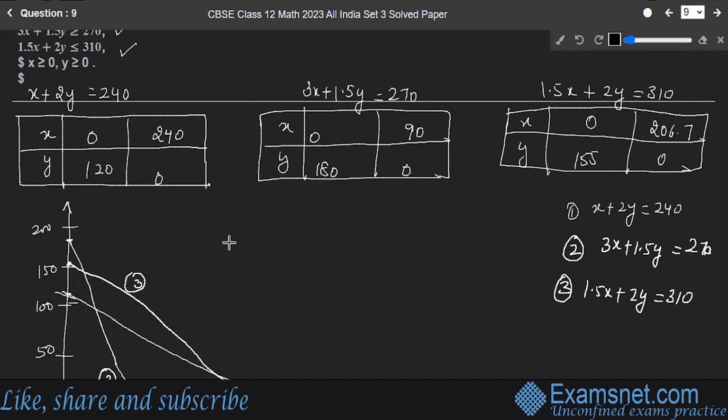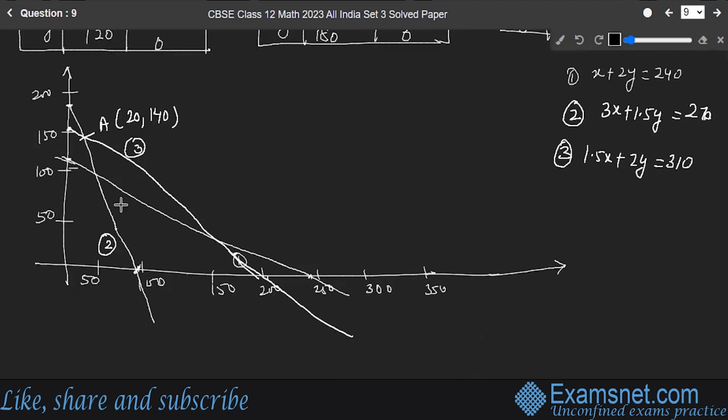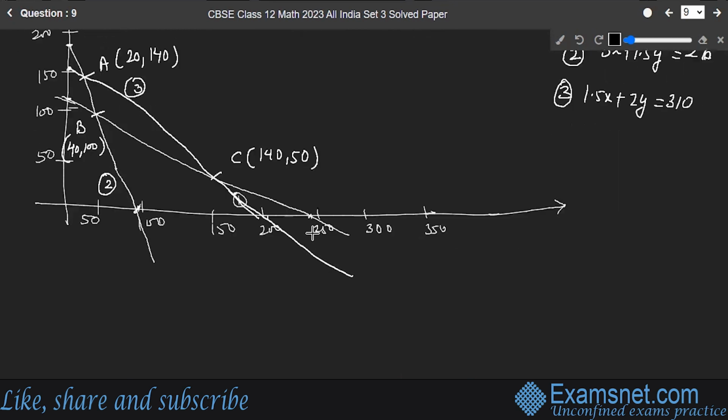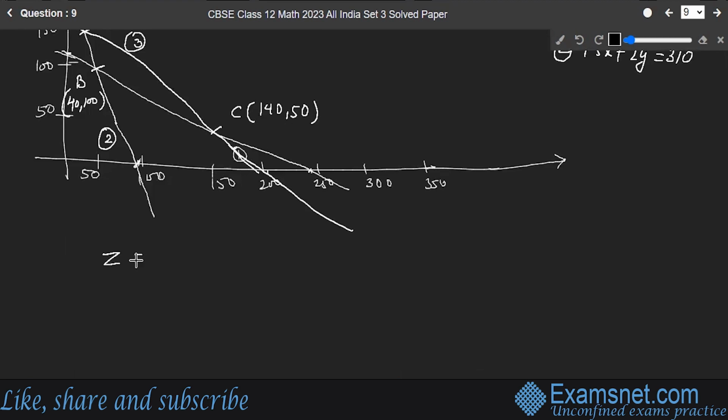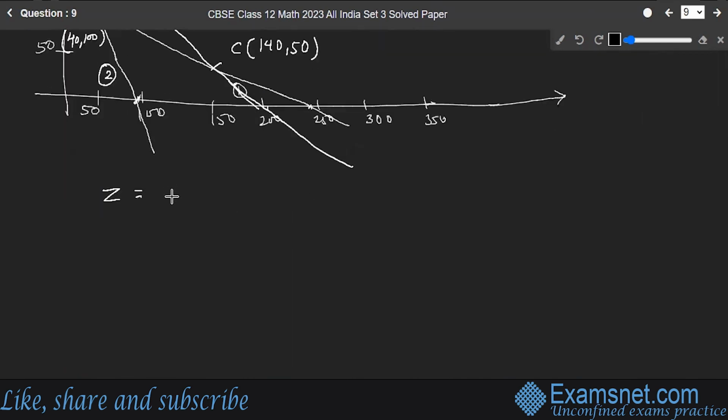On the graph, you will check that the point of intersection over here, this is A, that is 20 and 140. This point is B, that is 40 and 100. And this is the point C, 140, comma 50. Now the given Z was equal to 3x plus 3.5y.